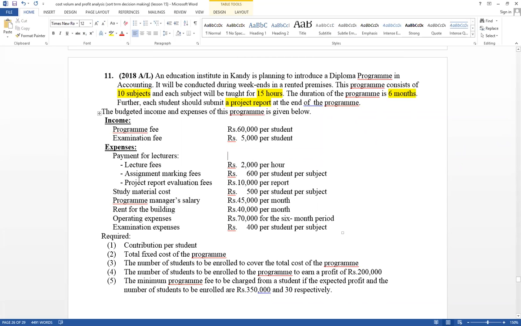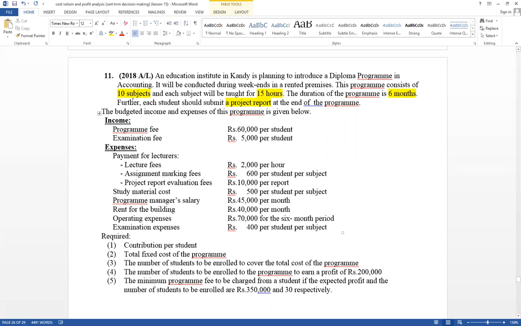And next one, assignment marking fee, 600 per student per subject. Per student, it varies with the number of students, but it is given per subject and 10 subjects are available, so you have to calculate variable cost per student. This program consists of 10 subjects.